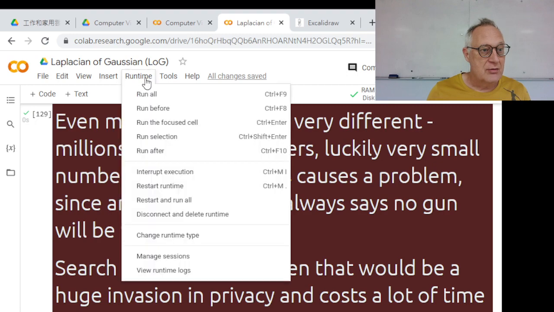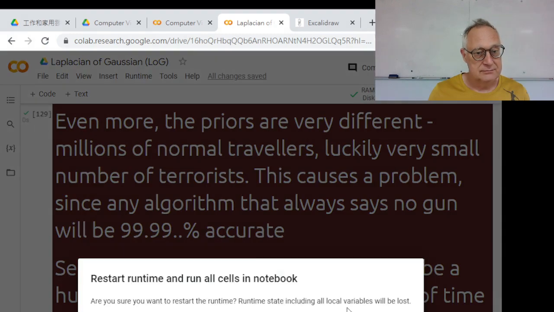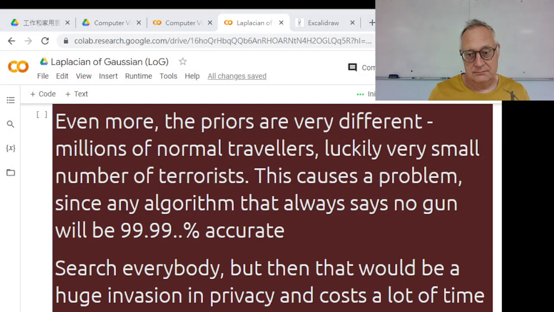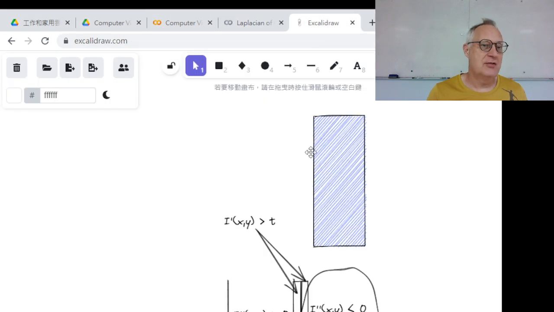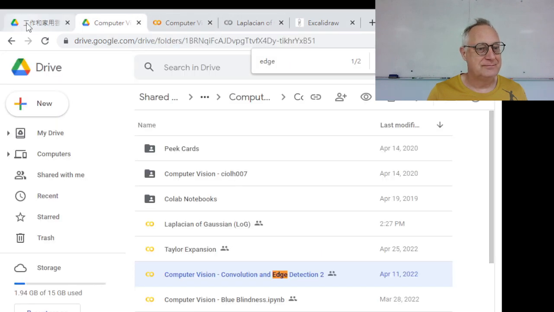So let's run this. But I like this Excalidraw. This makes very nice drafts. I'm going to change my drafts over to this. The hand-drawn one.